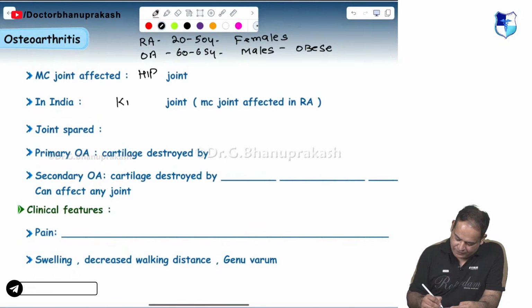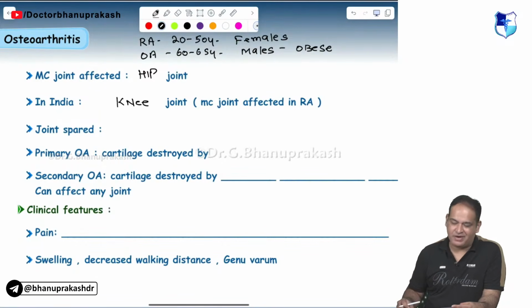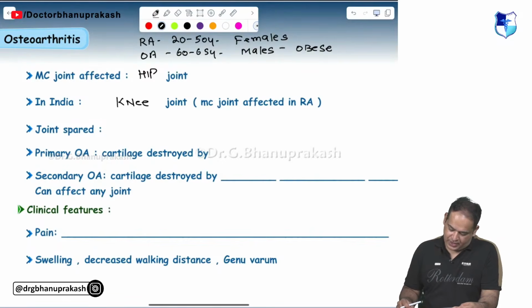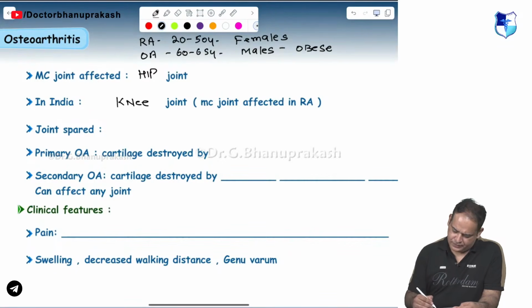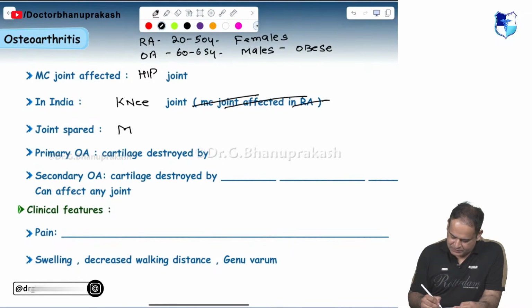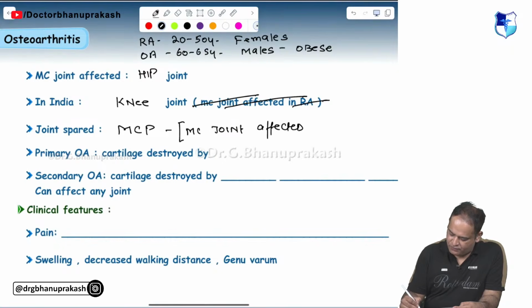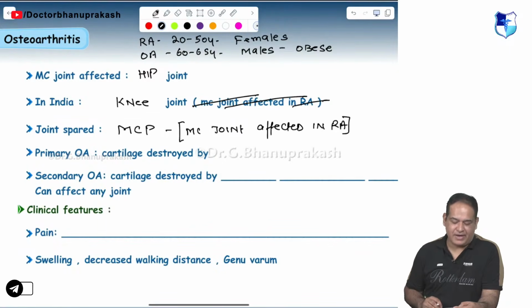In India, which is the most common joint affected? Knee joint. Fine? Knee joint. So, the joint spared is the metacarpophalangeal joint. Now, remember, the metacarpophalangeal joint is the most common joint affected in rheumatoid arthritis.